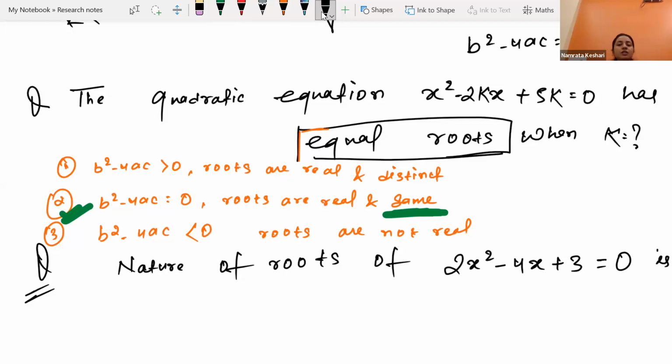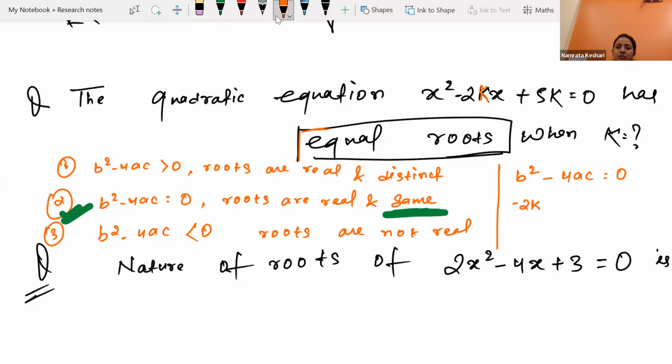Now what is b, what is a, what is c? Anyone who can say what is b, a, c from the given quadratic equation? Ma'am, b is minus 2k, right?